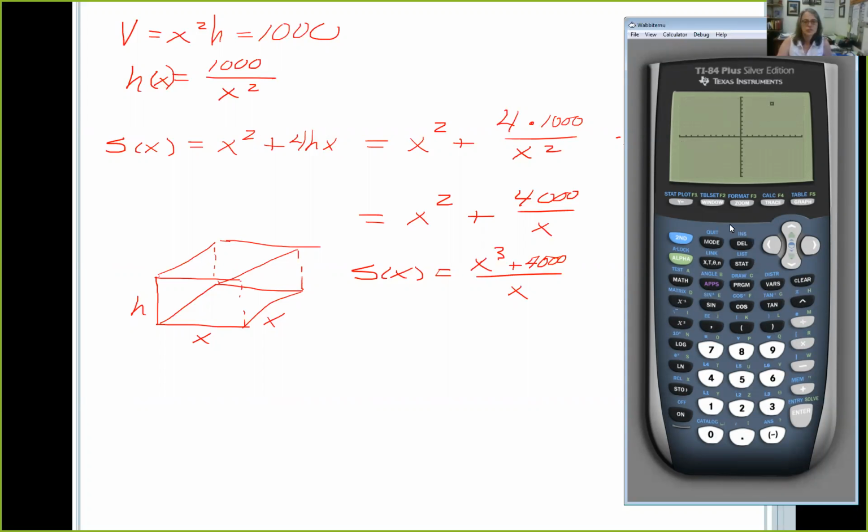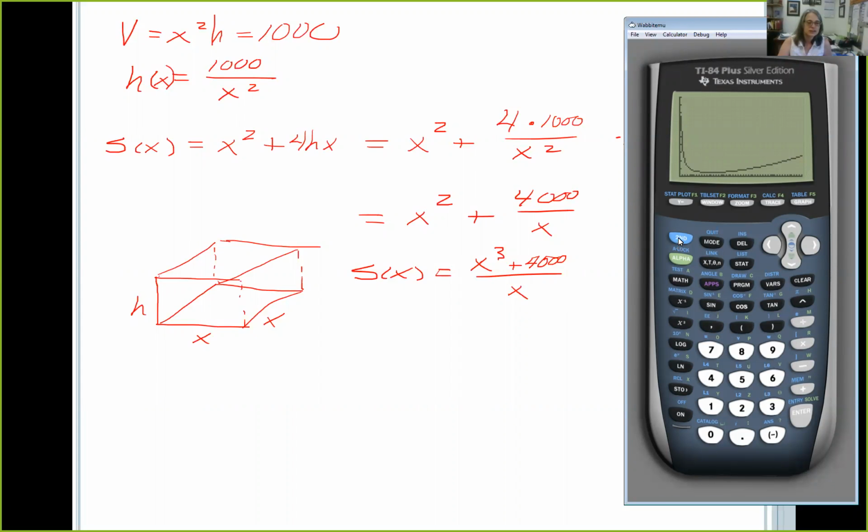I need to change my window. Let's go from 0 to 50 on my x scale, and from 0 to 10,000, and we will step by thousands. Now let's graph it. Okay, so we can see that there is a minimum surface area.